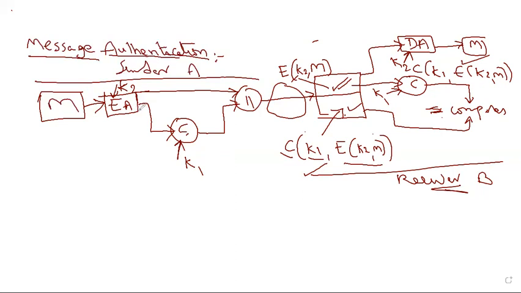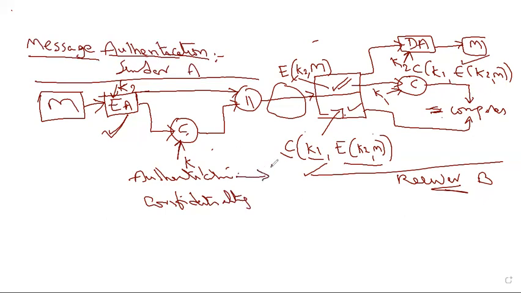But here we are not sending plain text; we are sending ciphertext. Confidentiality is provided because the sender and receiver are using a secret key, and for decrypting, the receiver uses the secret key. But this authentication is tied with the ciphertext, because the MAC code is generated from the ciphertext.